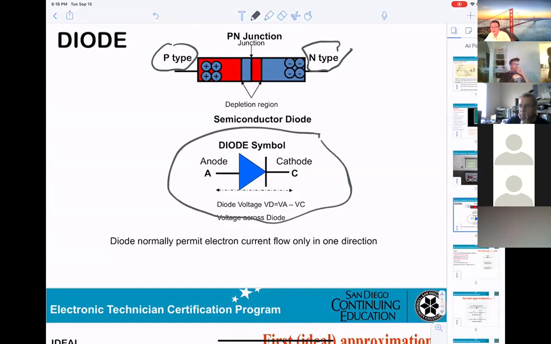We're doing this thing here. Diode. When you look at this symbol, you know this is a diode. Okay, one end is the anode and the other end is the cathode. Okay, and the voltage across the diode here, they call it VD, diode voltage.